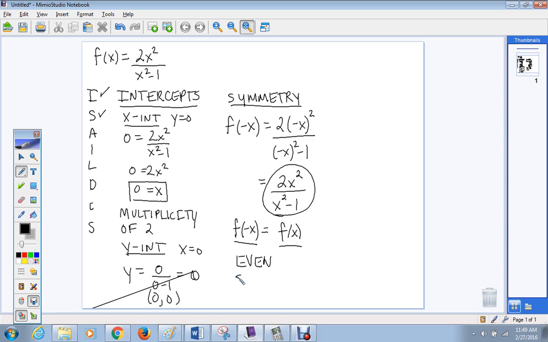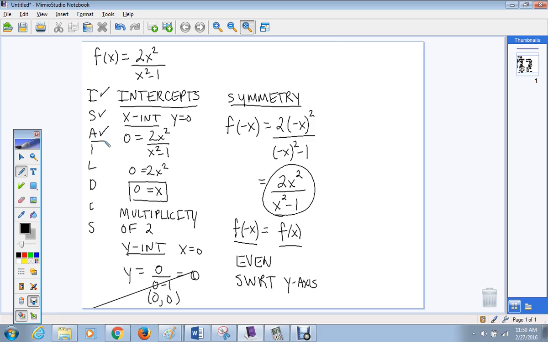Therefore, this has symmetry with respect to the y-axis. So we have our symmetry.